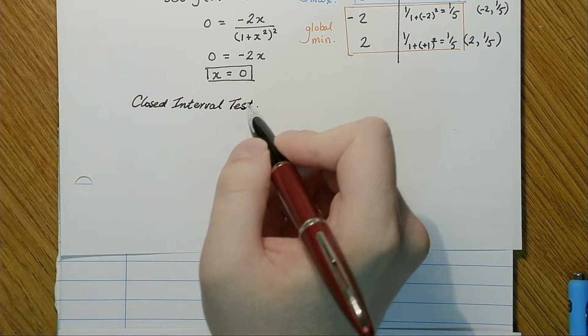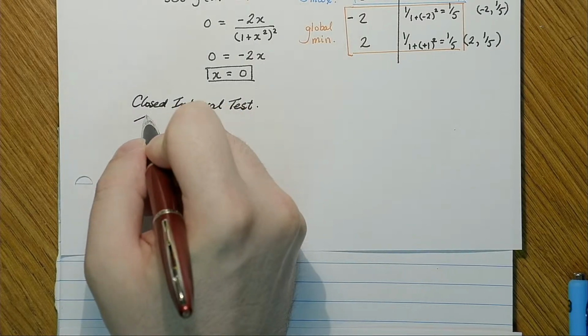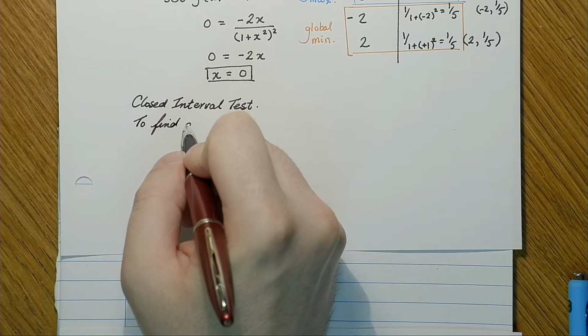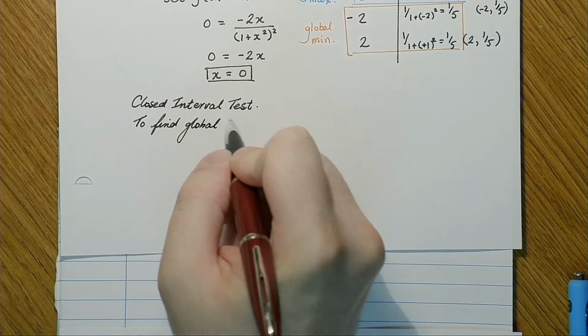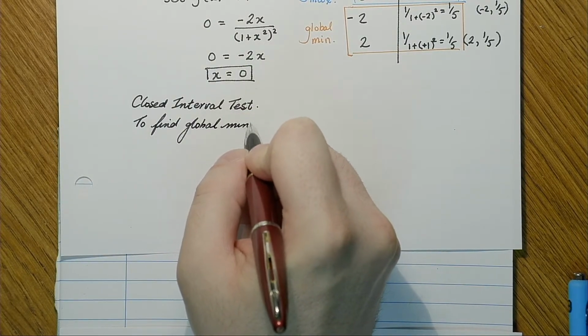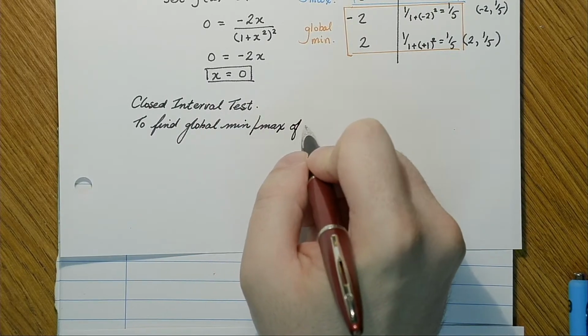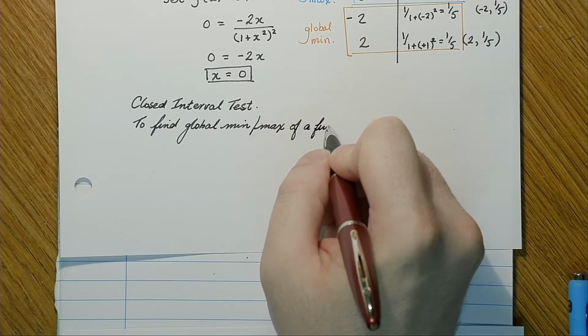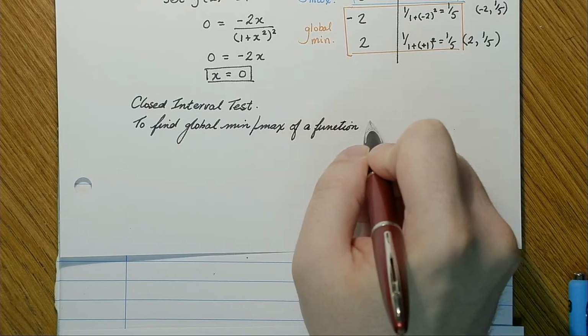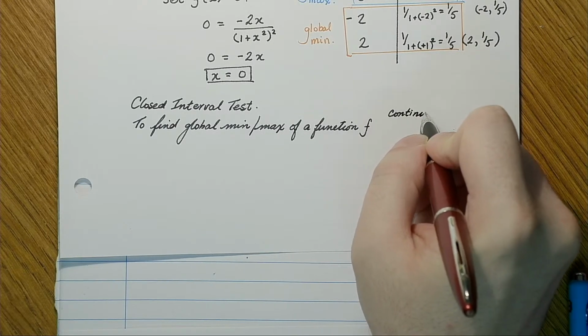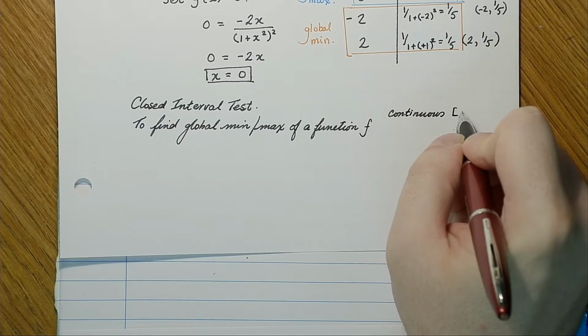I might write it slightly differently. So again, to find the global minimum or the maximum of some function f, it has to be continuous on the closed interval.